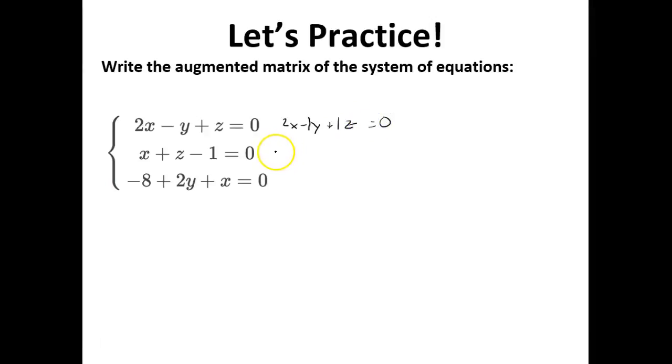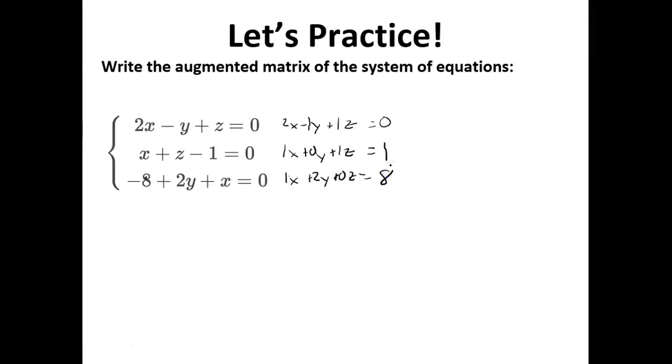And the second one would be 1x, there's 0 y's, so we do plus 0y, and plus 1z is equal to, this constant, this minus 1, has to get moved to the other side, and when it gets moved it would be a plus 1. This last one, here we have 1x, plus 2y's, and then plus 0z's is equal to, this minus 8 again is going to have to get moved to the other side as a plus 8.